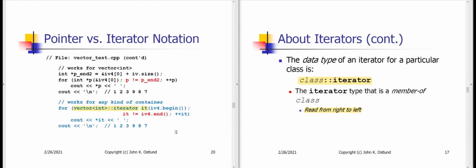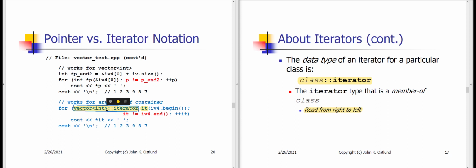So that declaration there says that it is an iterator that is a member of the vector of int class. And I could also have iterators that are members of the vector of double class, or members of the vector of pointer to character const class, or iterators that are members of the set of int class, and so on.